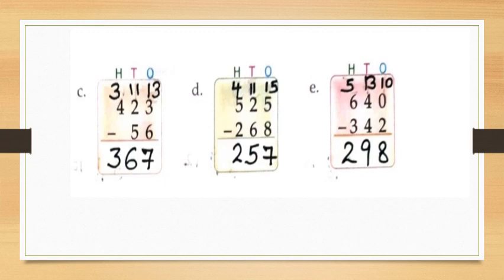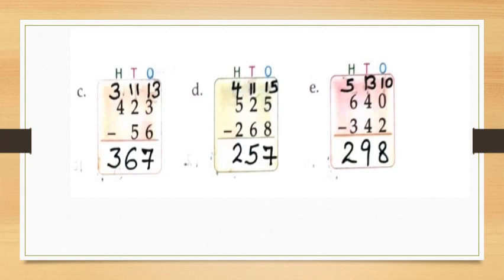Children, we can't subtract 6 from 3, so we will borrow 1 ten from 2 tens to make 1 ten and 13 ones. Now children, 13 minus 6 is 7. So write 7 under ones.